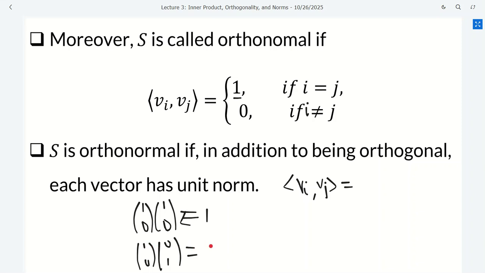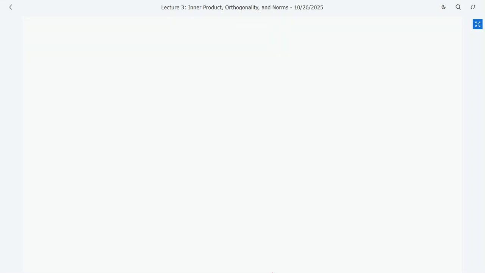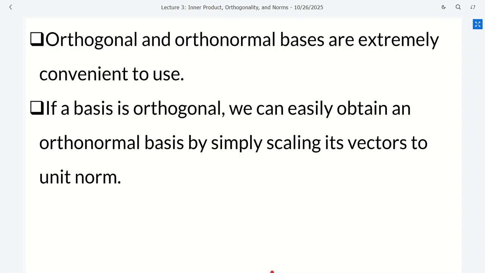So this will give you 0 plus 0, which is 0. Then also the unit norm: 1 squared plus 0 squared is still 1. 0 squared plus 1 squared will still give you 1. So that is that.